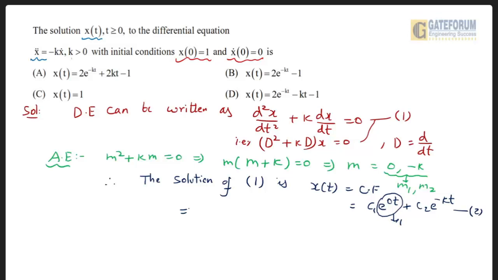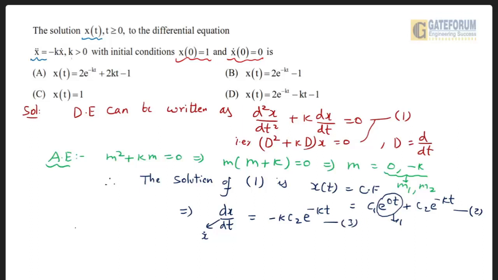One of the conditions is dx by dt, also denoted by x dot. So the derivative with respect to t is C1 derivative 0, plus C2 into e power minus kt times minus k, that is minus k C2 e to the power minus kt. This is equation 3.